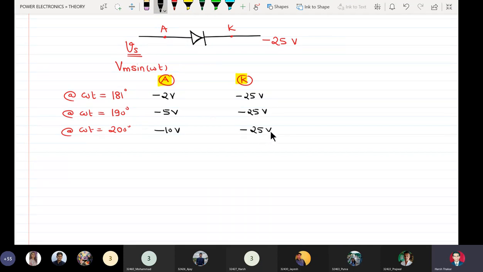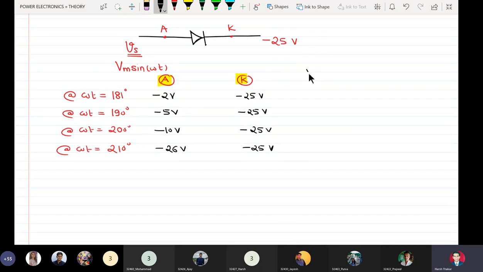This continues to remain minus 25. Students, assume that at omega t equal to 210 degrees, this potential reaches minus 26 volts, cathode continues to remain minus 25 volts.